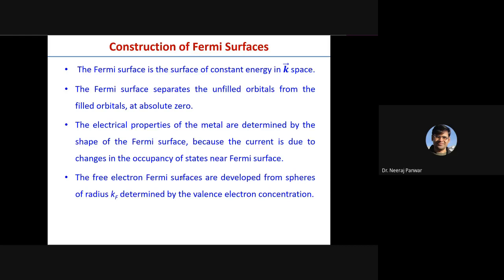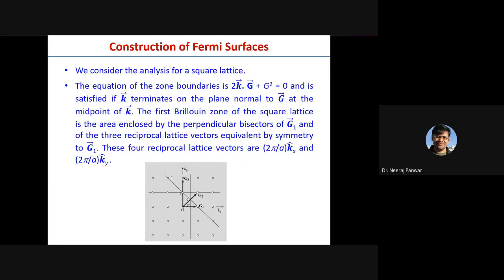The free electron Fermi surfaces are spheres of radius kF determined by the valence electron concentration. kF is proportional to n to the power 1/3, where n is the electron concentration, the number of electrons per unit volume.